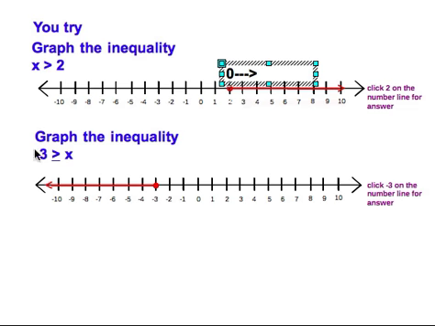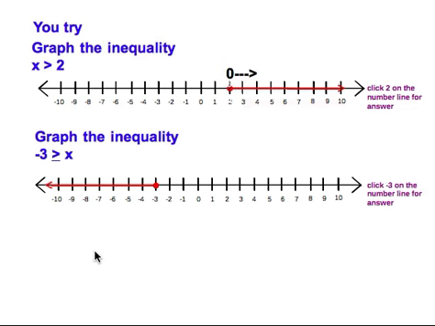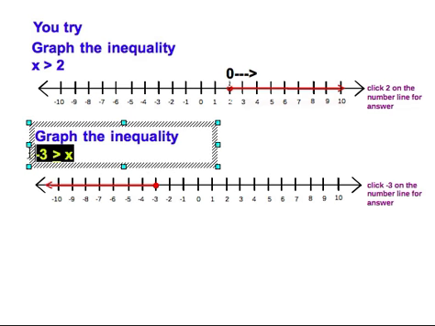The next example, -3 is greater than or equal to x. Well, it has the equal sign, so it has to be a closed circle. The variable is not on the left here, so I have two options.